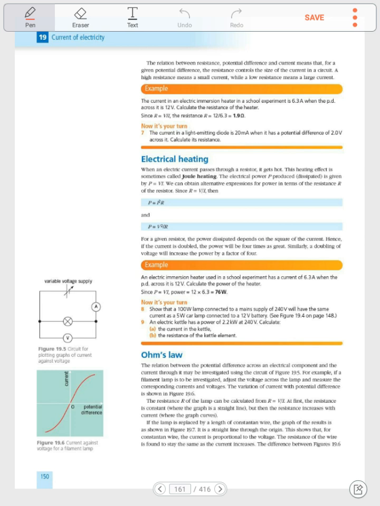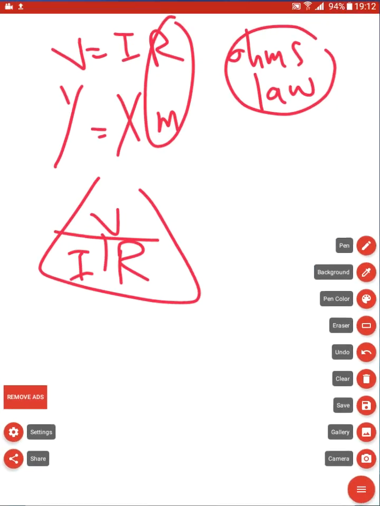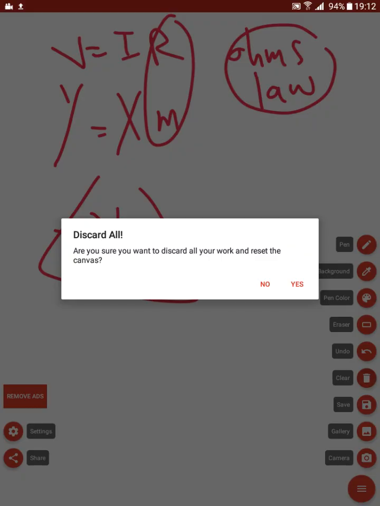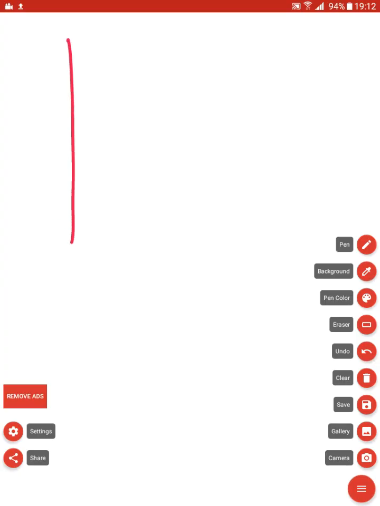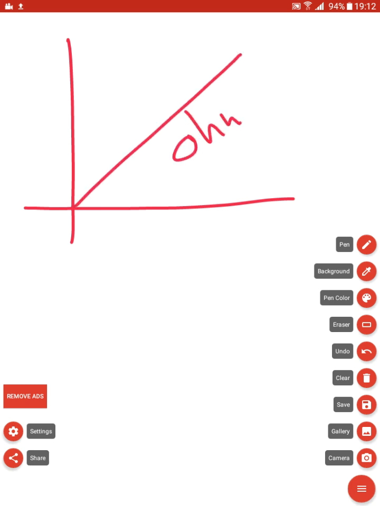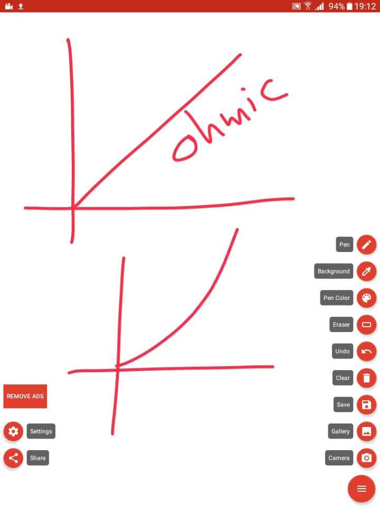Now, we have resistors that follow Ohm's law, and we have resistors not following Ohm's law. Okay? The resistors which follow Ohm's law are directly proportional like this. This is an ohmic resistor, but the resistors which do not follow this line are non-ohmic resistors.